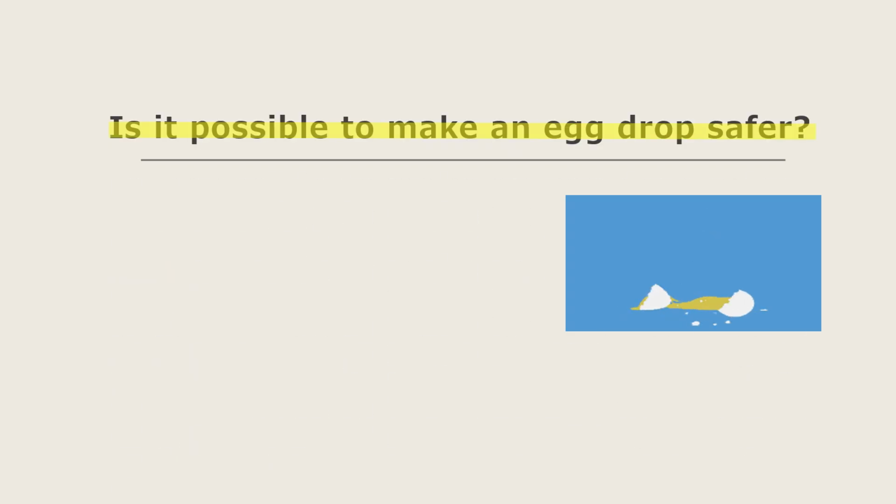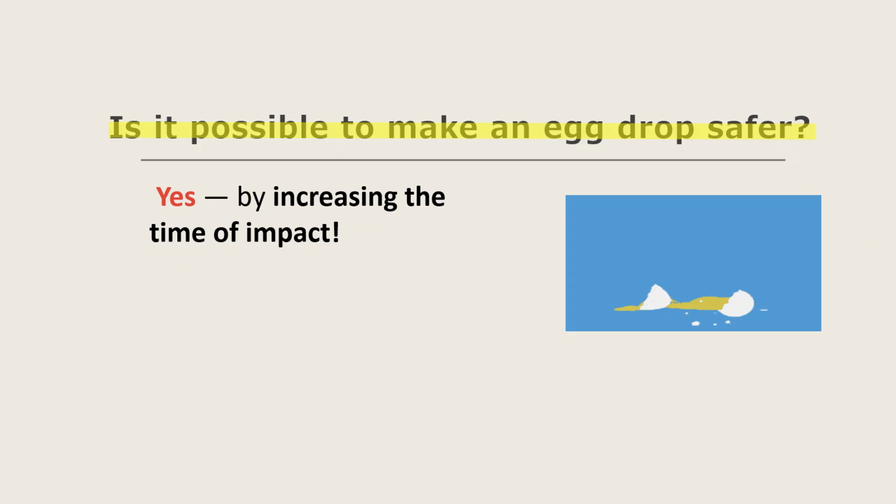There was another question in my initial slides, and that was the egg drop. Here you see the egg breaks when it falls from some height. And I asked, is it possible to make an egg drop safer? The answer is yes, and that is possible by increasing the time of impact.